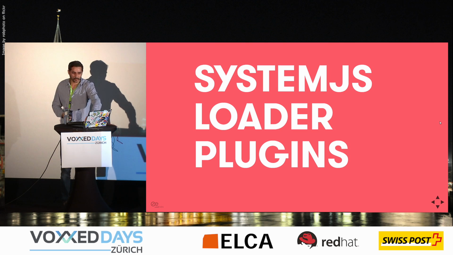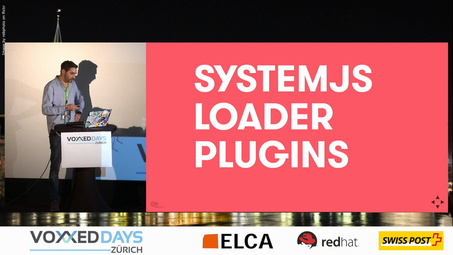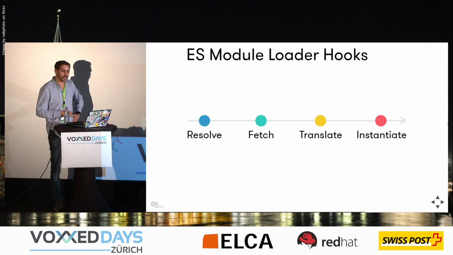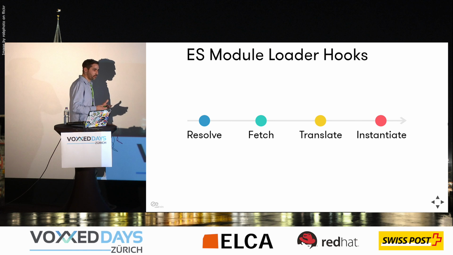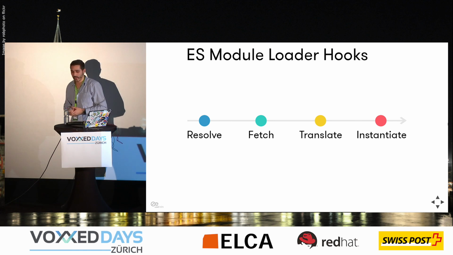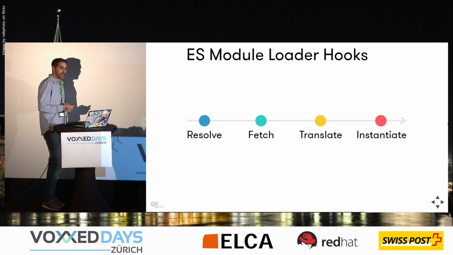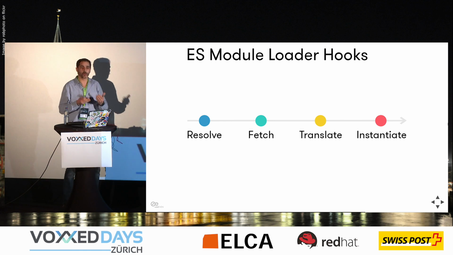All right, one more thing from SystemJS. SystemJS comes with some kind of extensibility, so we can have so-called loader plugins where we actually hook into the hooks that are defined by the ES module loader specification. These are these 4 hooks that are provided in the loader specification. Resolve is responsible for resolving a module name.